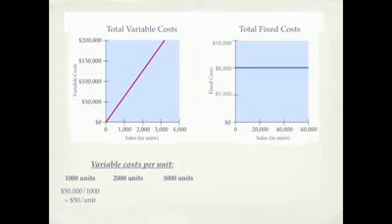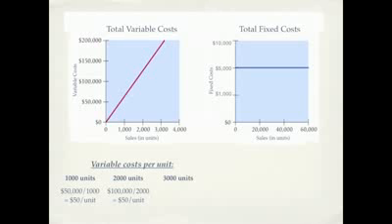Well, look at the 2,000 level on the graph. See if you can figure out what the total variable costs are at 2,000 units. Now, what would the per unit be? It's $50 per unit. Notice the pattern here.